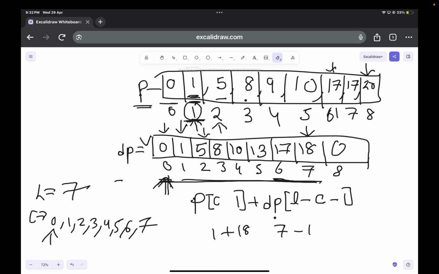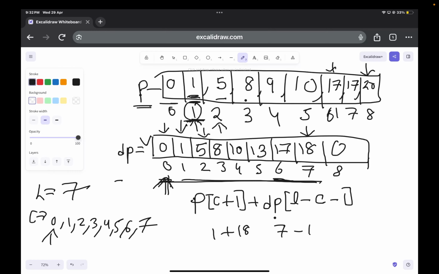P of C plus 1 plus D. Instead of dp, if we give P, we'll get the answer. Or else, if we are taking from 0, if we give C minus 1, we'll get the answer.